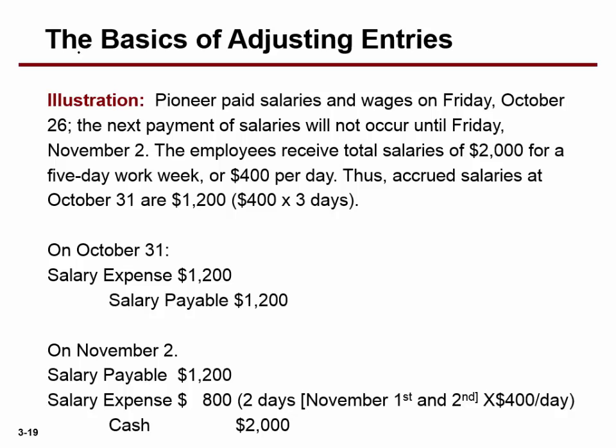So what happens? In this example, we pay our wages every Friday, and so we paid these people on Friday, October 26th. You almost feel like you need a calendar to be able to answer this question. In this assumption, we don't work on the weekend. We work Monday through Friday, right? So we don't work the 27th.